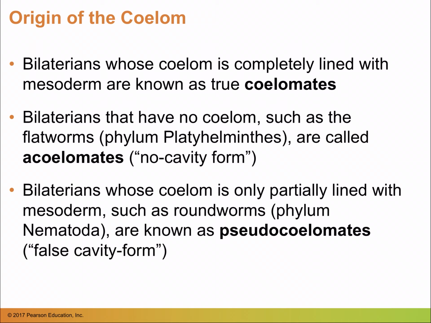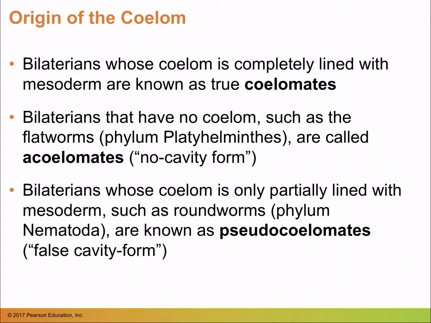So we see that for the most part, the most complex of the animals are coelomates. Some animals have no coelom, such as flatworms, platyhelminths, and we call them acoelomates, so there's no space in there. It's just the gut, the mesoderm, and the ectoderm, skin, muscles, gut, no space.